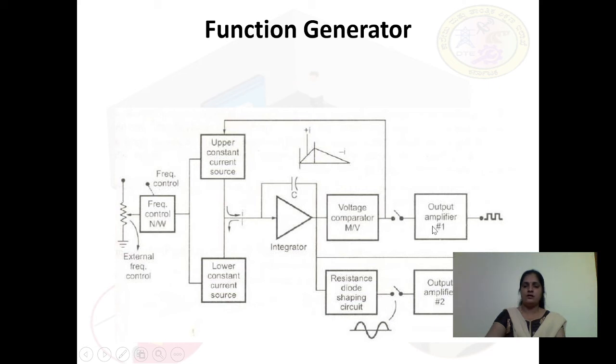Then at the output stage, both outputs can be amplified. The first one, output amplifier 1, amplifies the pulses or the square wave, and the second one, output amplifier 2, amplifies the sine wave. So we are observing the block diagram which is responsible for producing different types of waveforms.